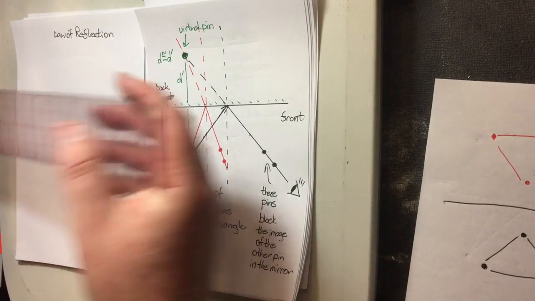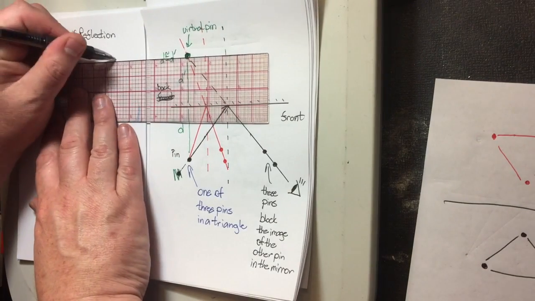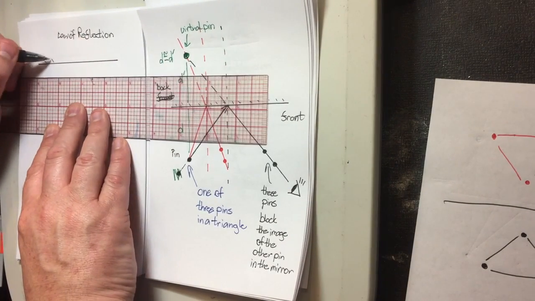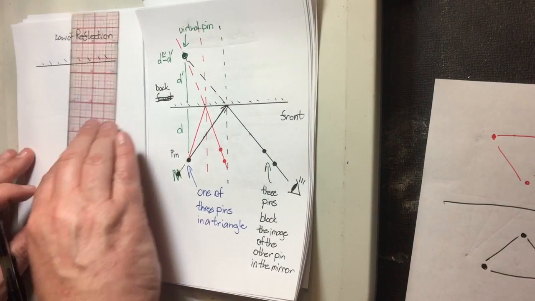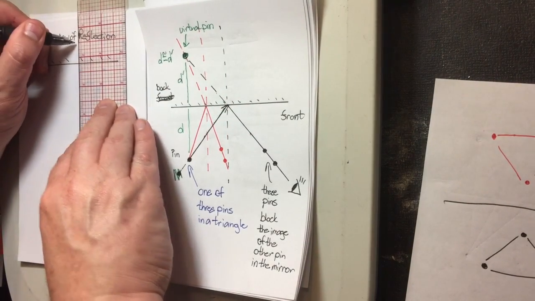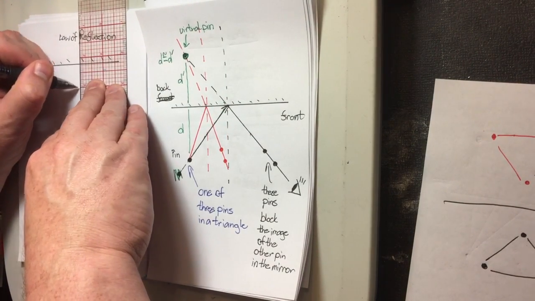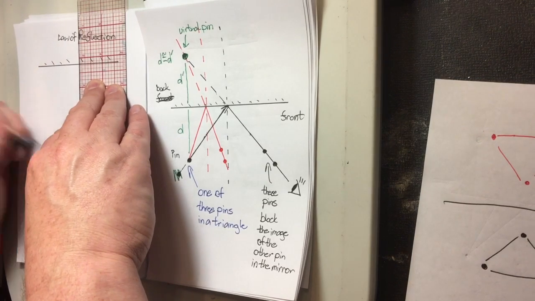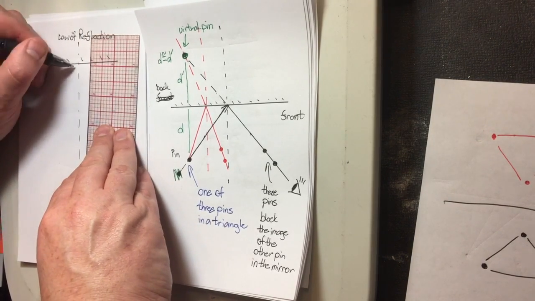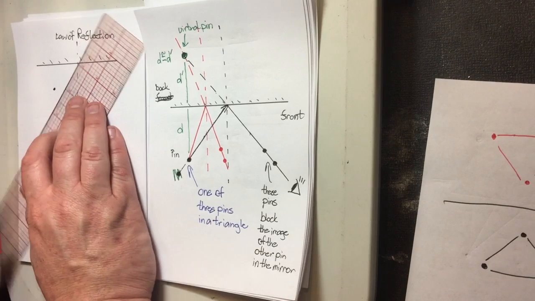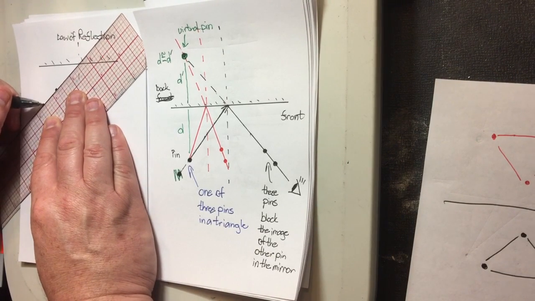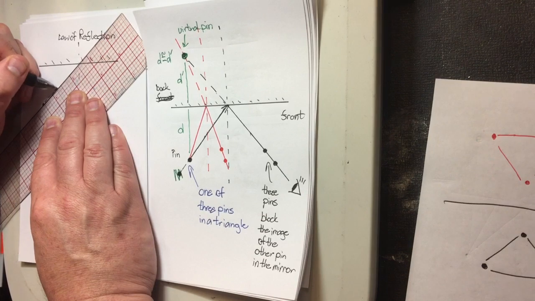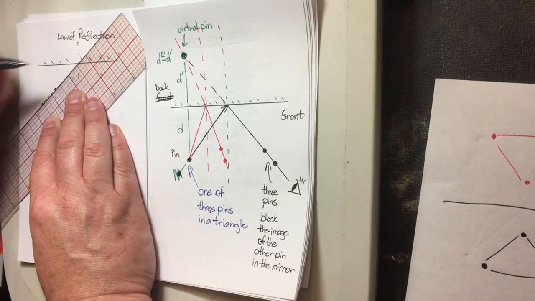In the law of reflection, you've got the mirror. This is where you're going to have the 2 pins. You're going to simulate a light wave. You're going to have 1 pin and then another pin over here. And so the light from both of these is going to go in this direction.